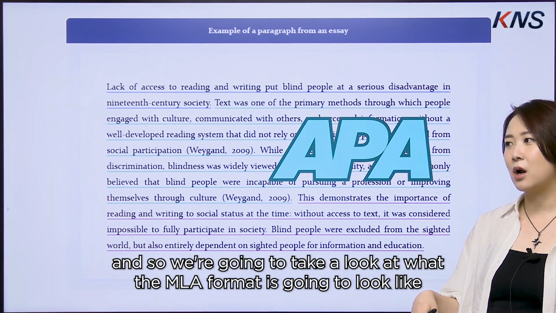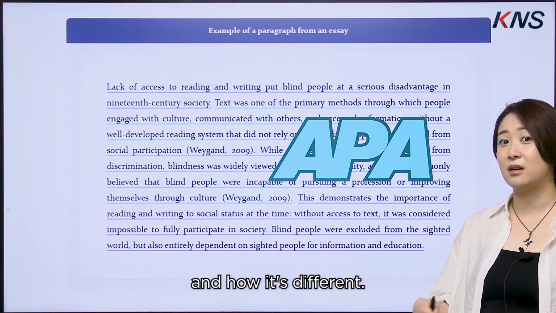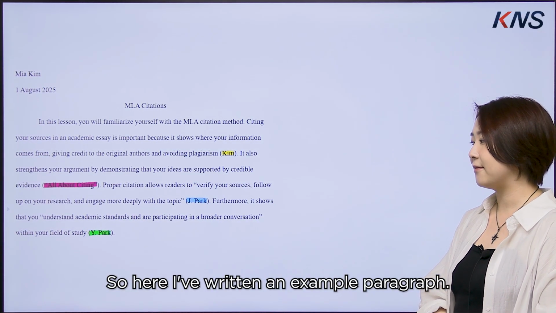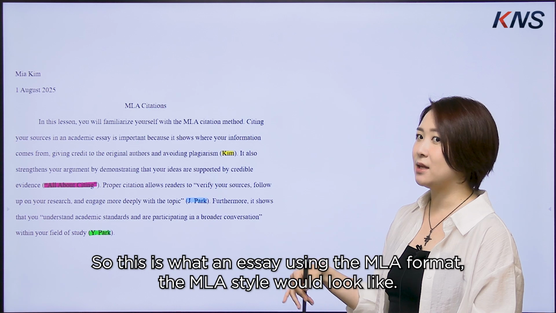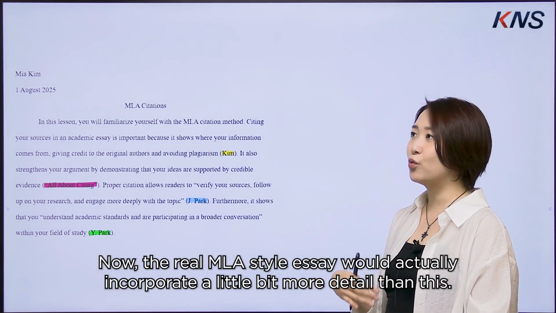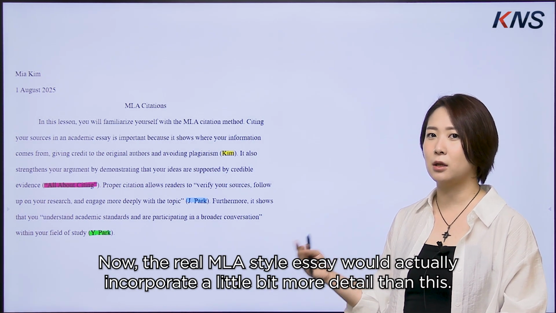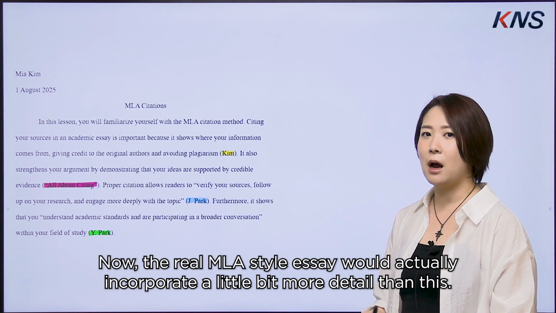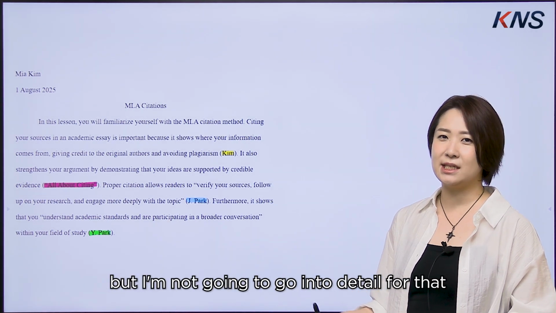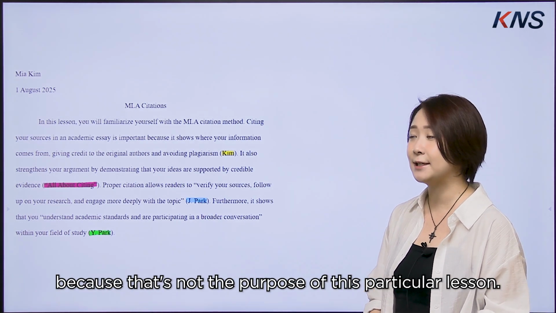And so we're going to take a look at what the MLA format is going to look like and how it's different. So here I've written an example paragraph. So this is what an essay using the MLA format, the MLA style would look like. Now, the real MLA style essay would actually incorporate a little bit more detail than this. It has a few more factors and elements to it, but I'm not going to go into detail for that because that's not the purpose of this particular lesson.